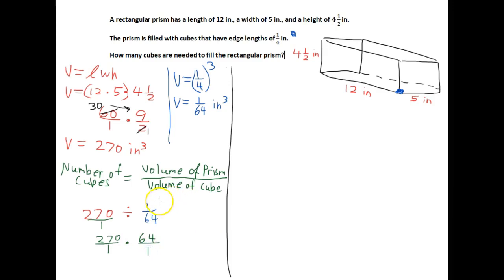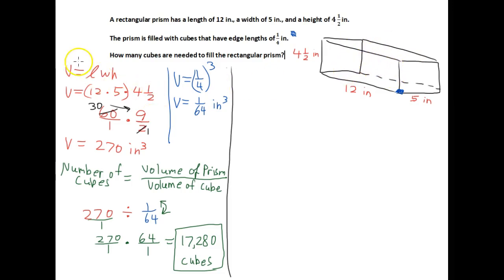Here's our flop. Flipping that over. So 270 multiplied by 64 equals 17,280. 17,280 cubes. Not cubic inches or anything, but just little cubes. 17,280 of these little cubes. That's how many it would take to fill this.